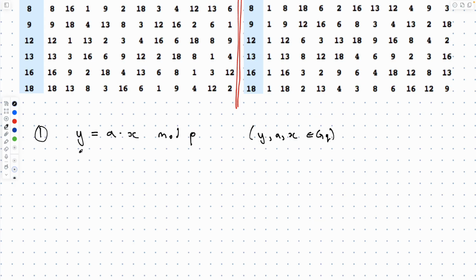Like I said, you know what y is, so I'll tell you it's 5, and you know what x is. I'll say it's 13. I guess 5 isn't in GQ in this example, but say it's 4 and 13.